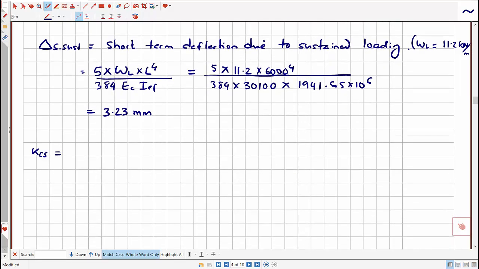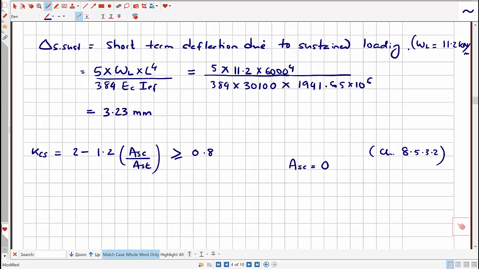Now the creep and shrinkage factor KCS is given by this equation, and should be greater than or equal to 0.8. That's also coming from the clause. In our beam, the area of compression reinforcement is 0, so there is no compression reinforcement, and your KCS comes out as 2.